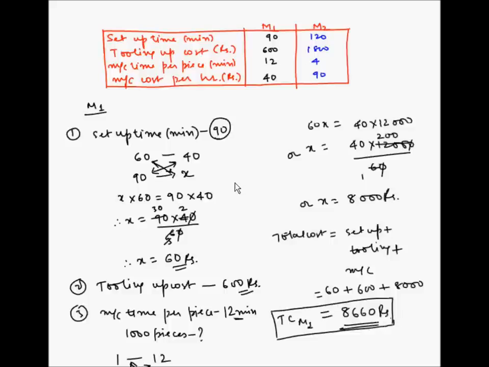Now similarly, let's find out the total cost for processing these 1000 pieces on M2. Let me note down the total cost here for M1. So total cost for M1 is 8,660 rupees.